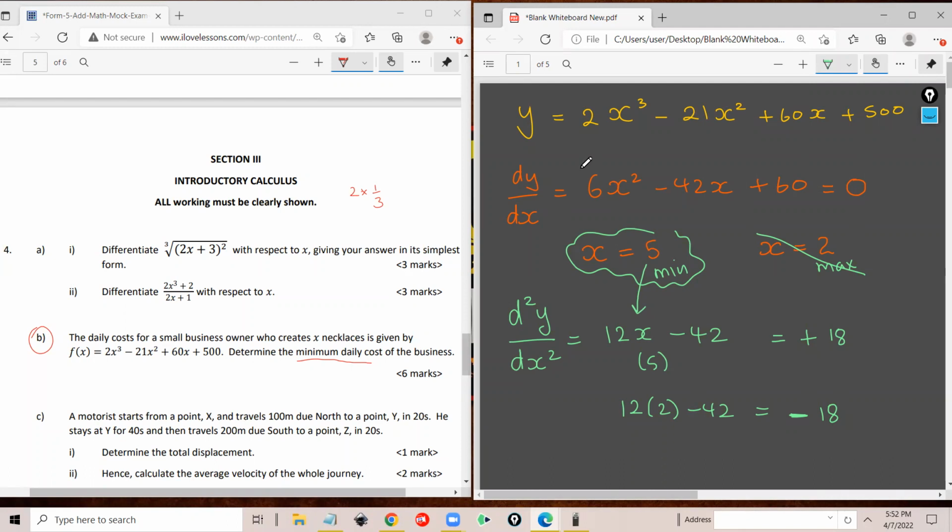To get the actual minimum value, you go to the original equation and you replace all the x's you see now with 5. Okay, so you have to replace this x, this x, this x, and work out that whole thing. Then you get the actual minimum value.